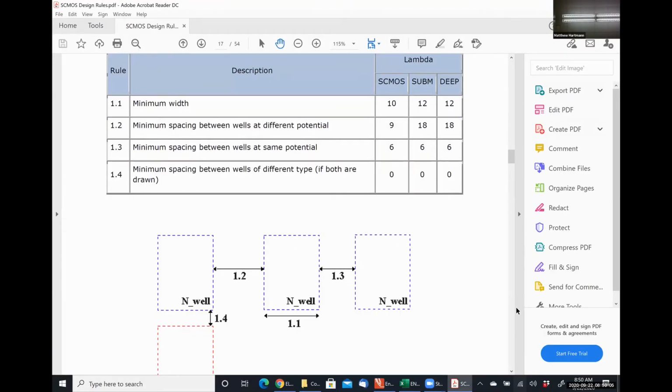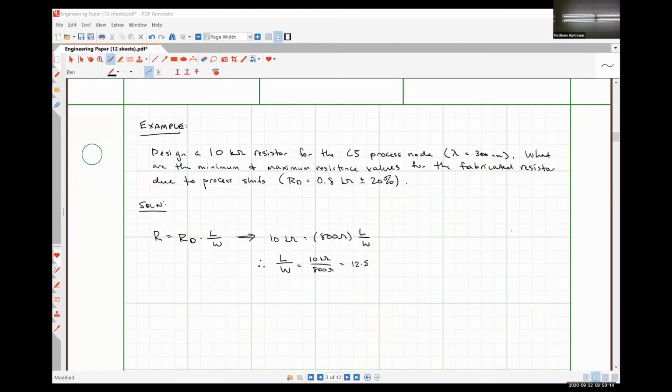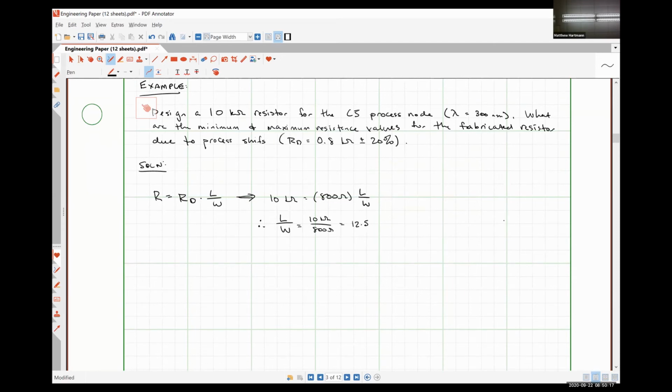Here we go. Dang it, I shared the wrong thing again. This one. All right. So one other thing that we need to take into account is that, for instance right now, we could say that our minimum width is going to be 12 times our scaling factor of 300 nanometers.